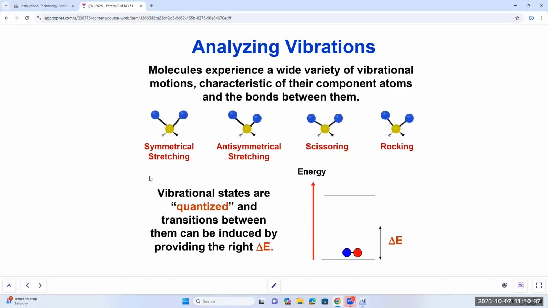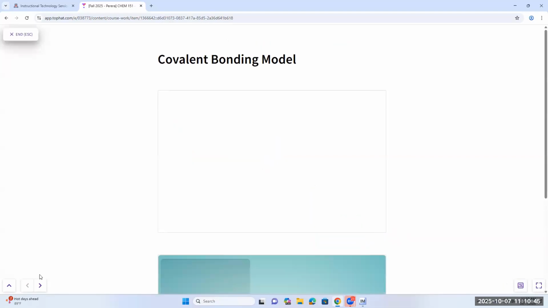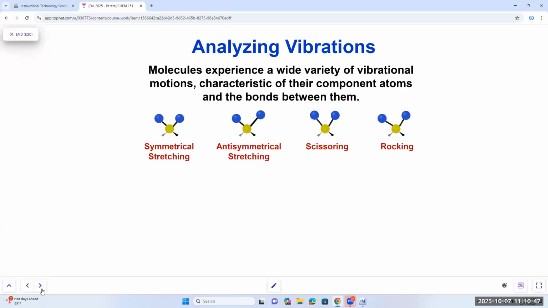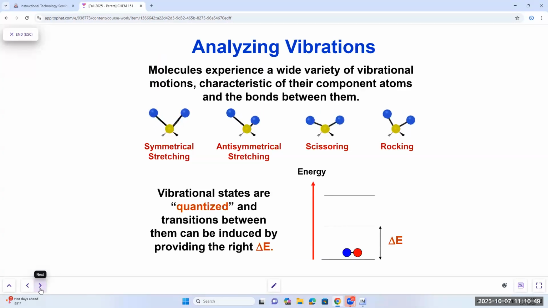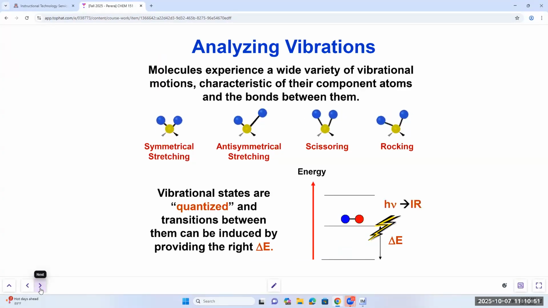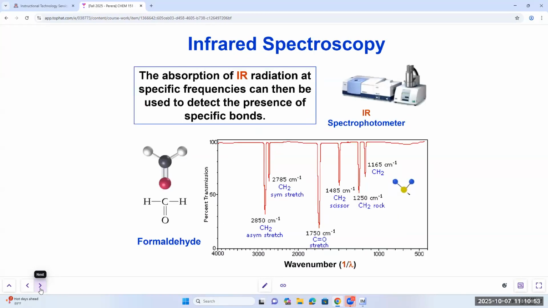So that's the idea behind using IR spectroscopy to identify the bonds. When we expose this to infrared radiation, it goes from one vibrational state to another vibrational state. And then here's an IR spectrum.